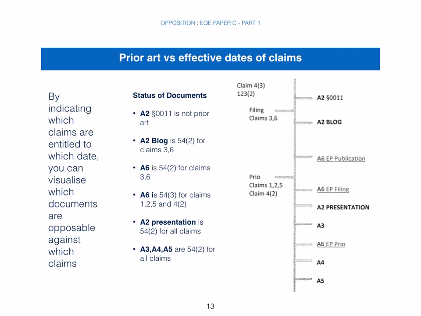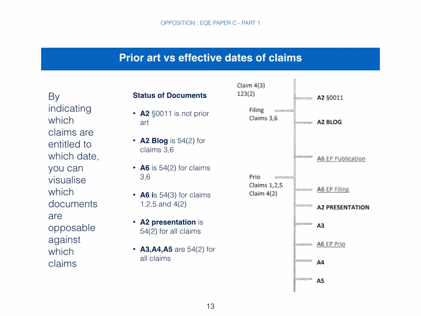Reading down, we have the A2 presentation, the oral presentation of A2 was made before the priority date, and therefore the A2 presentation is 54.2 prior art against all claims of the opposed patent.